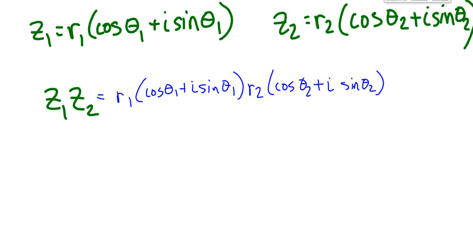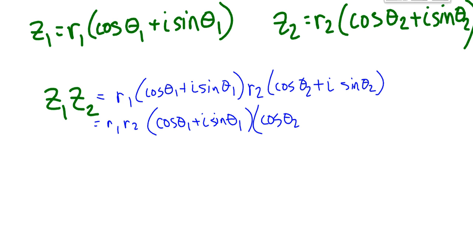So what do you think I should do? I have to FOIL something out, but I personally would move this. Where do you think I would move it? To the front. So do you agree that I could just say it's going to be R1 times R2 and then times those two things in parentheses, correct? So R1, R2 equals cosine theta 1 plus I sine theta 1 times cosine theta 2 plus I sine theta 2.